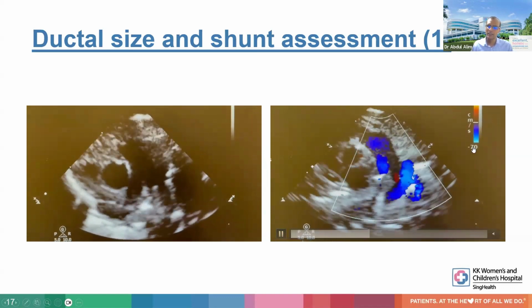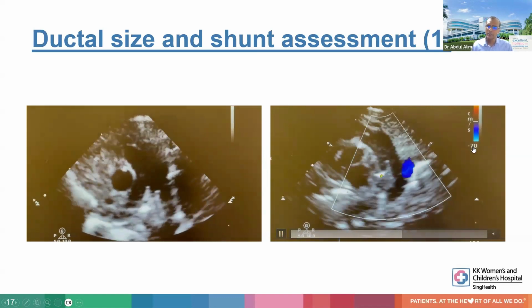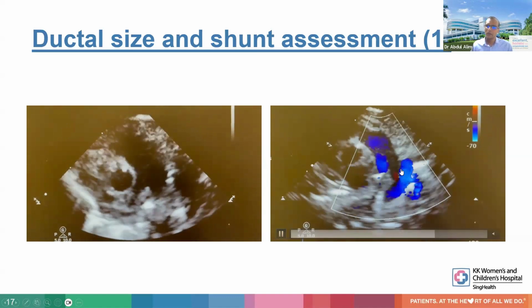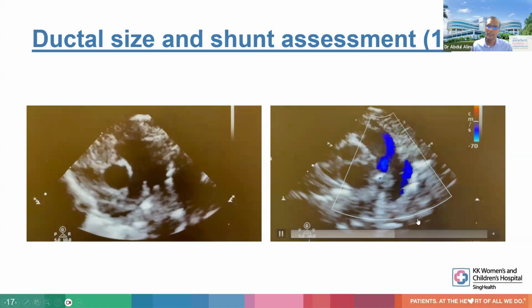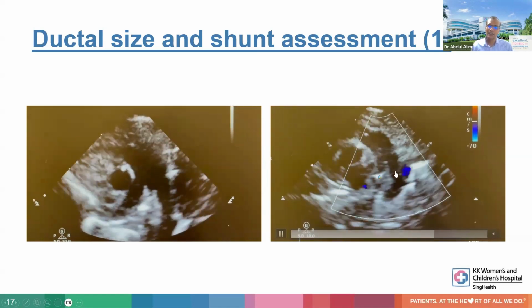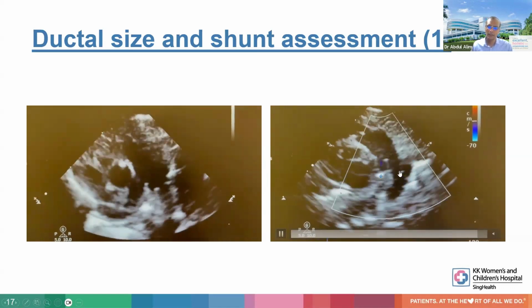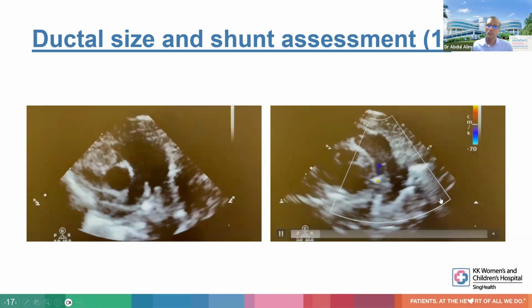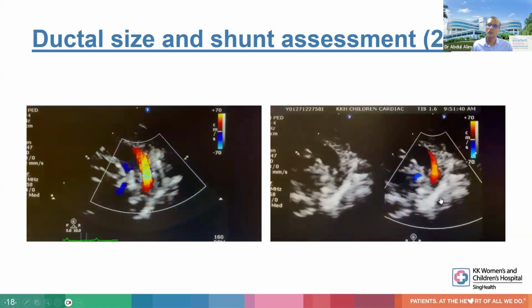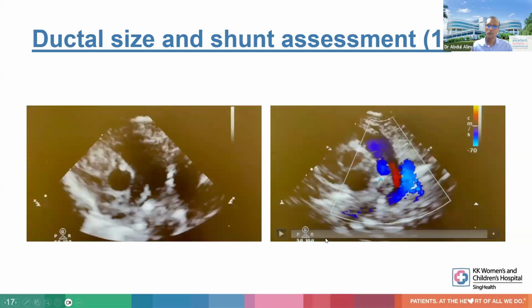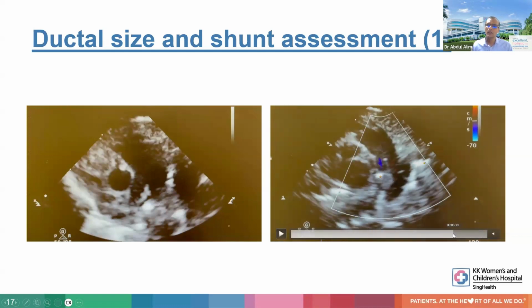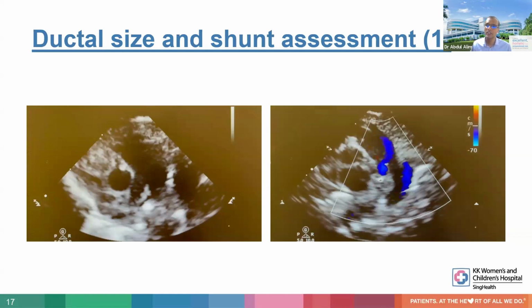The scales are set at 70 centimeters per second. If you look at the PDA here, we can see only an intermittent shunt. You can see some faint red, which is a left to right shunt. If I freeze it and move frame by frame, in some parts of the cardiac cycle there is not even a little flow.